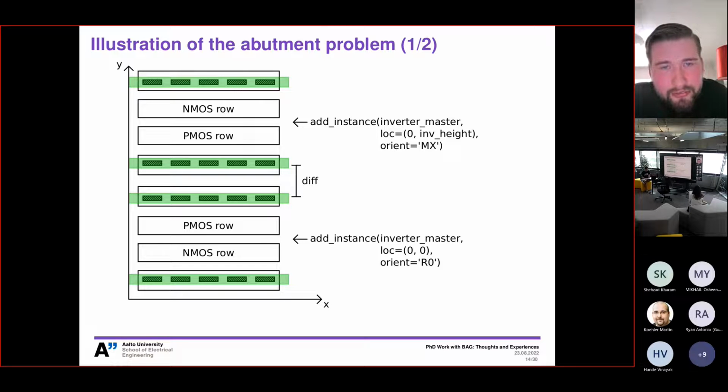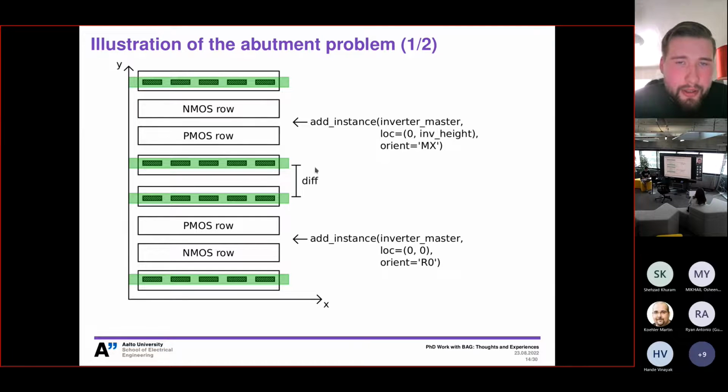And now if you specify the second inverter, the one that is on top, with a Y coordinate equal to the height of the bounding box of the inverter master, then you will end up with this empty space in between the substrates. Notice how this instance is in MX orientation. So basically it means that this substrate and this substrate here could be overlapped in order to conserve area.